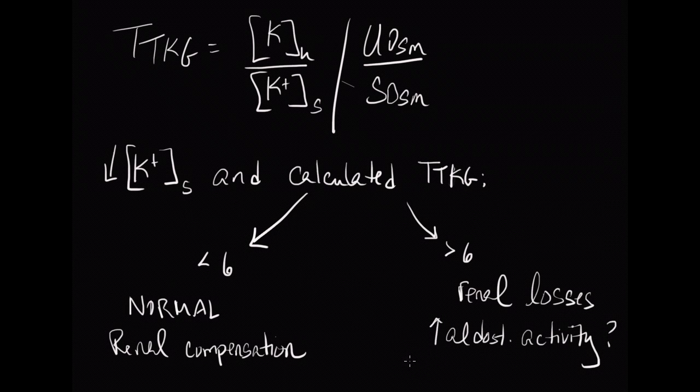Or do we have a defect in the remaining segments of the distal tubule that cause potassium to be leaked out or secreted rather easily? And so the TTKG also helps us in patients who are hypokalemic because it gives us a really quick distinction on whether we have something wrong with the kidney itself or something's happening outside of the kidney to cause the metabolic derangement.